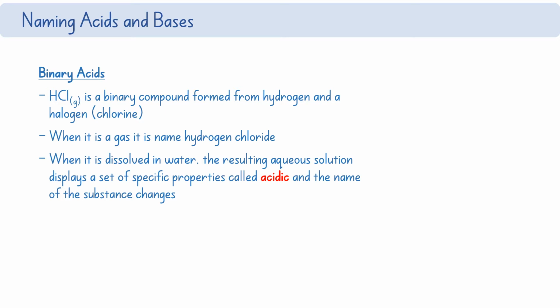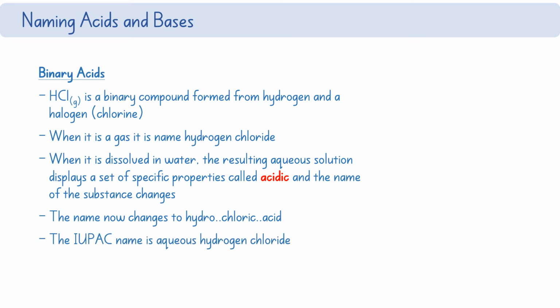When it is dissolved in water, the resulting aqueous solution displays a set of specific properties called acidic, and the name of the substance changes. The name now changes to hydrochloric acid. The IUPAC name is aqueous hydrogen chloride.